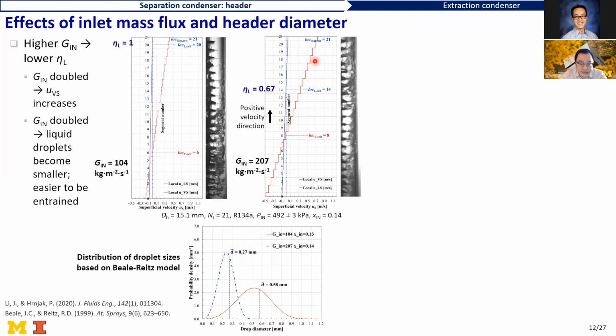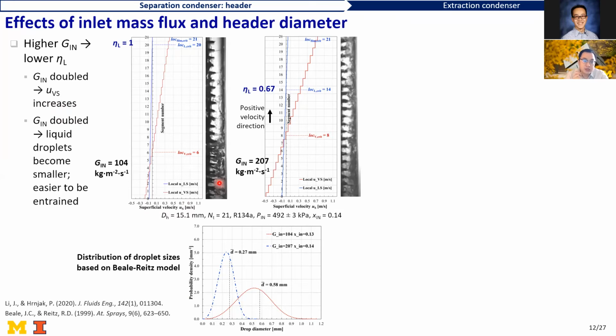With the almost doubled vapor superficial velocity, apparently more liquid is being entrained upward locally, so that will get us a lower separation efficiency, eta L. And besides the higher vapor velocity, in our model we also need to determine the drag force.